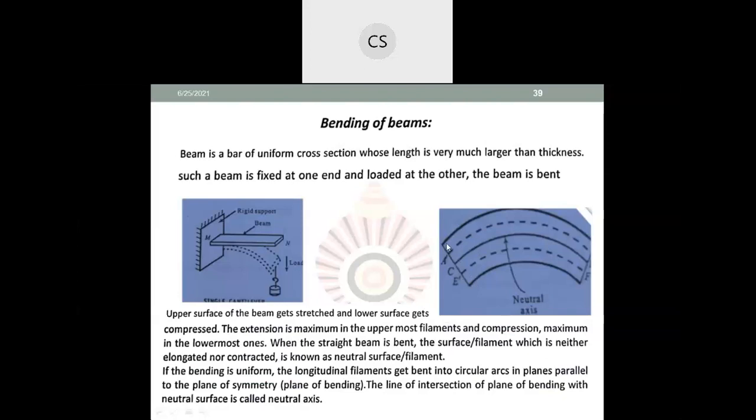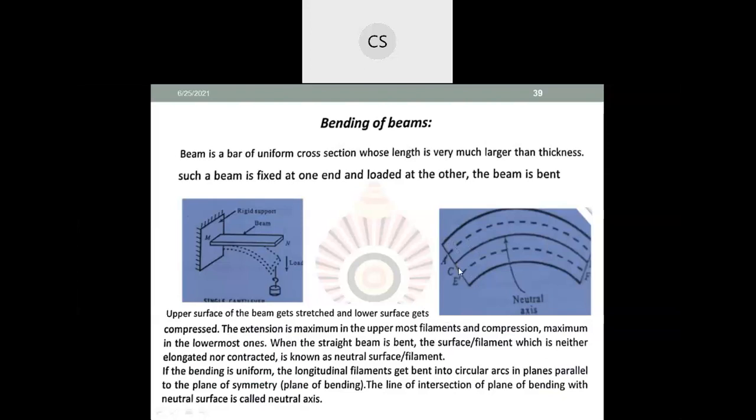The upper filament has maximum extension, and then it reduces. Here there is no change in dimension. Whatever the initial dimension, the same dimension is here. Next, as you come down, the dimension decreases.